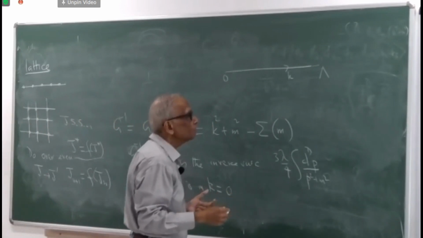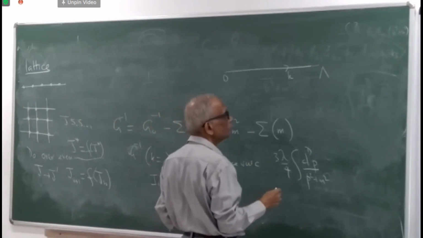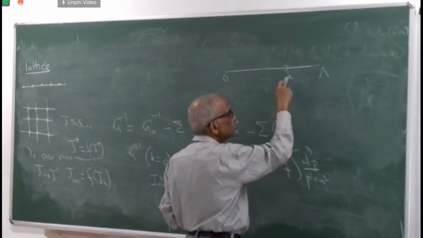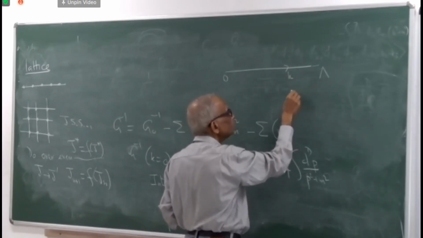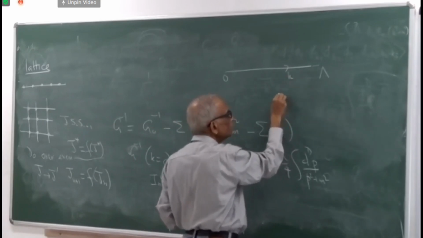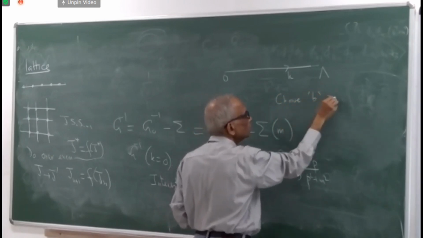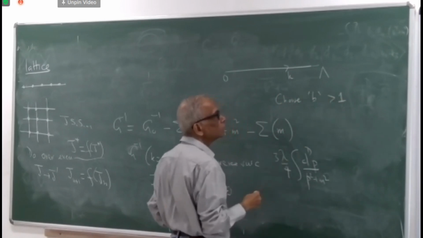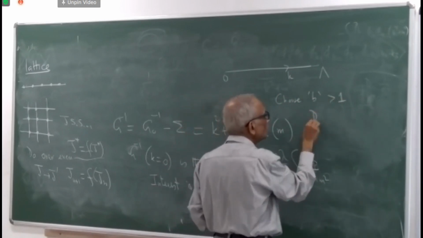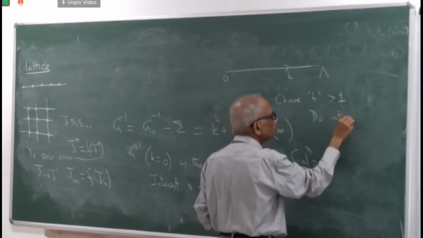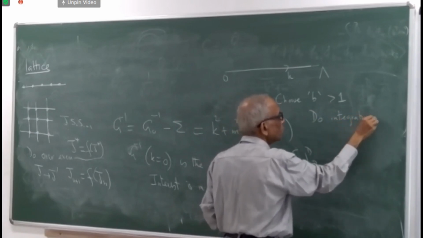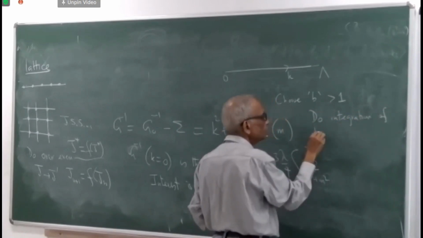Over here the philosophy would be: choose some b, choose b greater than 1, and do integration of degrees of freedom.